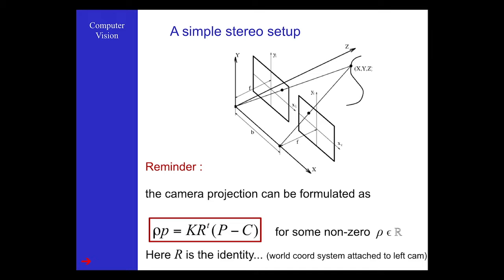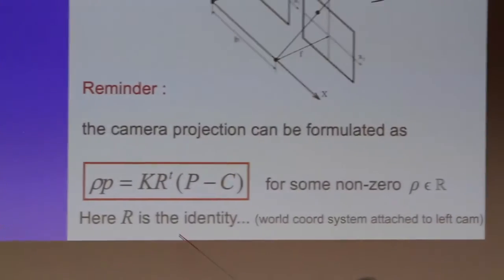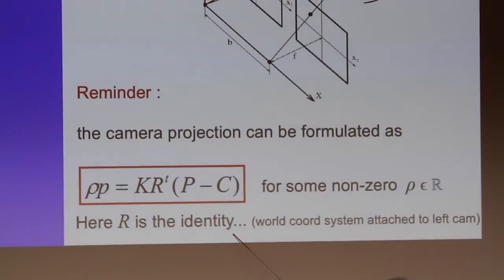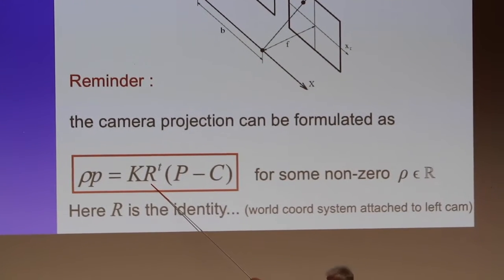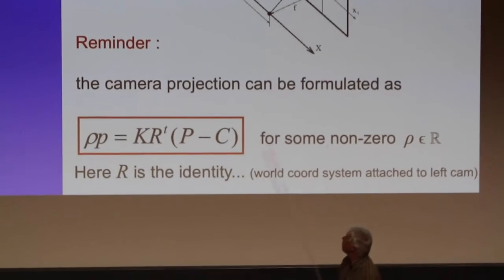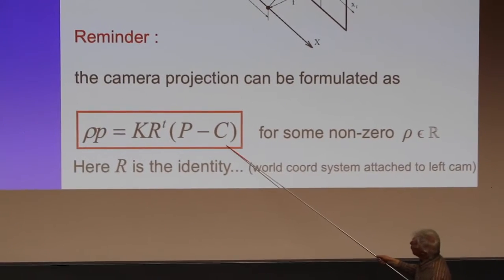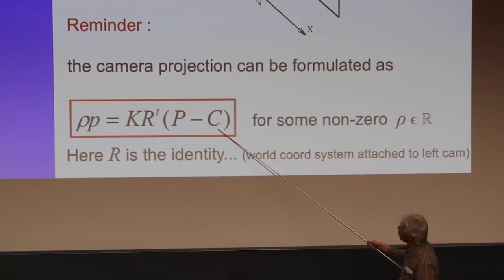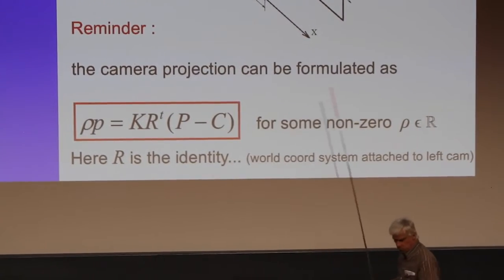So the camera on the left has no rotation relative to that world coordinate system, meaning R, in our case, is the identity. So this R is an identity matrix. So it disappears, you can just drop it. But also the C's, the positions of the two cameras, the left camera and the right camera, are quite simple. Let's have a look.